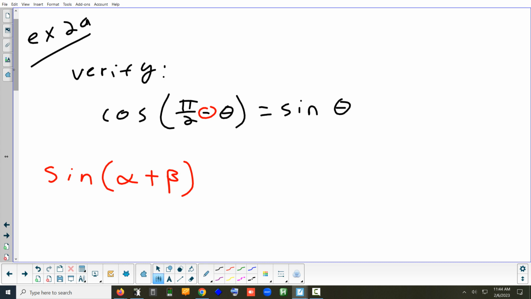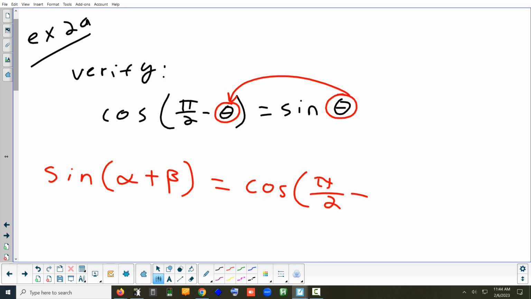All right, can I use that one to do it? Yeah, I can. So whatever you have here is what goes right there when you convert it. So we're going to convert this into a cosine. What comes after the minus sign when you convert it to a cosine is whatever you had right there.